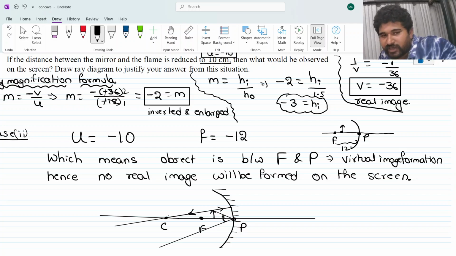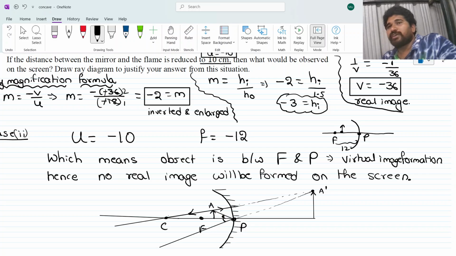Then when I extend them backward, they will be meeting at some particular place. That place is the image formation of that A point. Understand? Image formation of your A point.